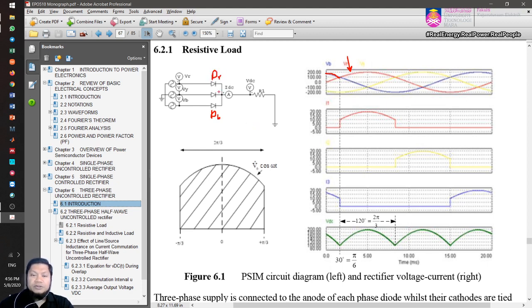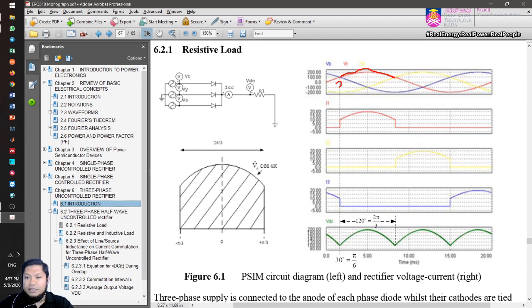So now you're going to see that diode red is on, and the other two diodes will be off, isn't it? It will continue. This red diode will continue to turn on until it reaches this point.